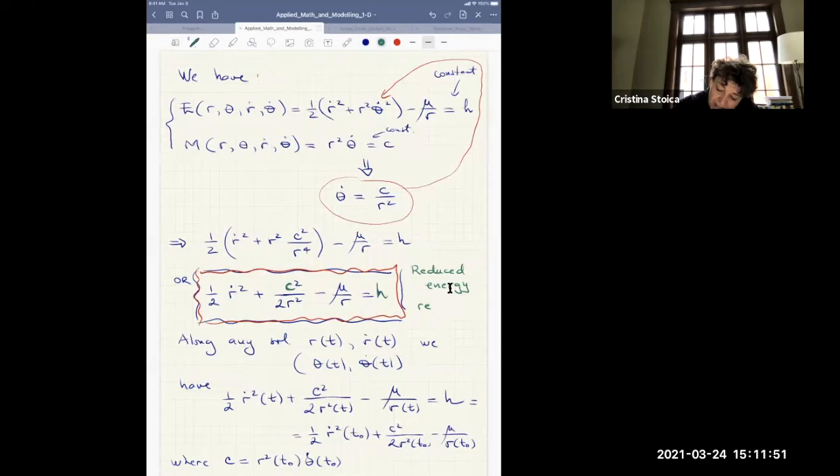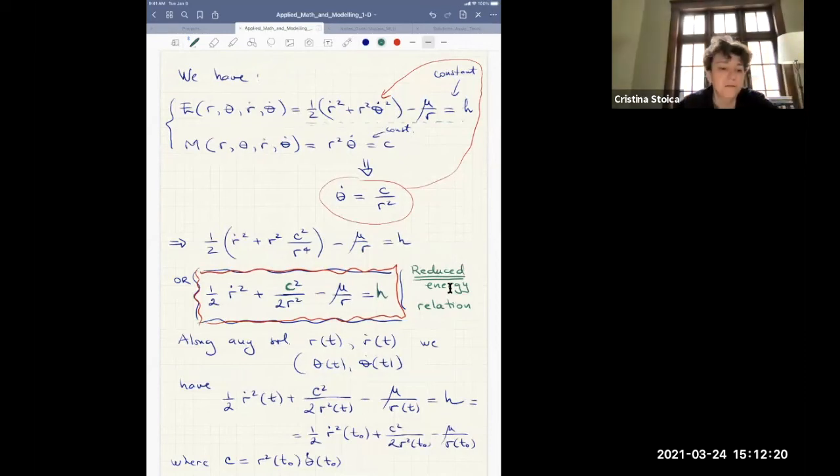Why is it called reduced? Well, as you can see, if you compare it with this one, theta dot disappeared. It's covered by that constant c. Theta is not a constant, but it's in there in that term.